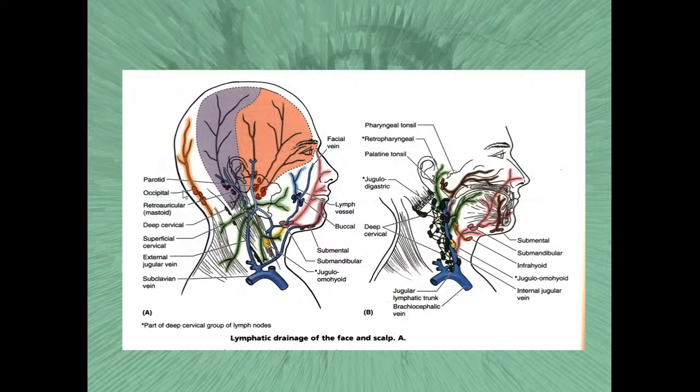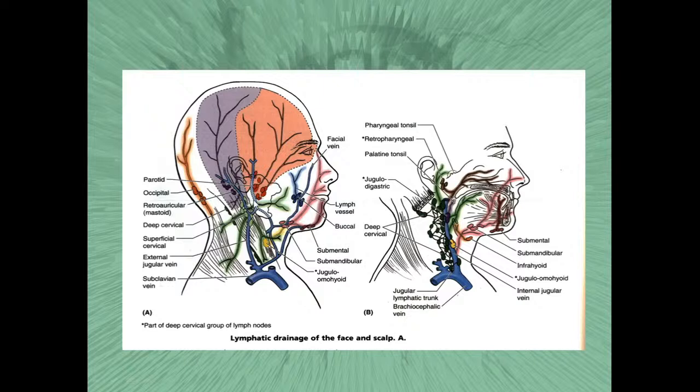The regional lymph nodes for the head are the occipital lymph nodes, located along the pathway of the occipital artery. Then the mastoid or retroauricular lymph nodes, located posterior to the auricle.